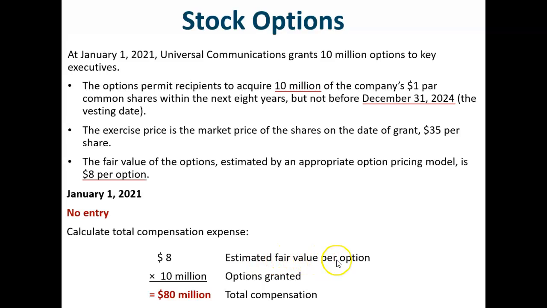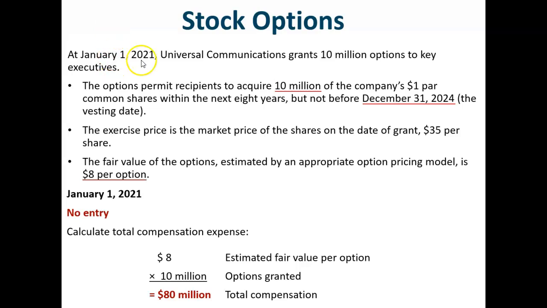The estimated fair value of the option is given to you at $8 per option, and there are 10 million options. So the total compensation is $80 million. We will need to recognize this total compensation over the service years within the vesting period.